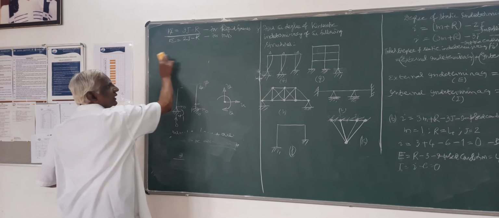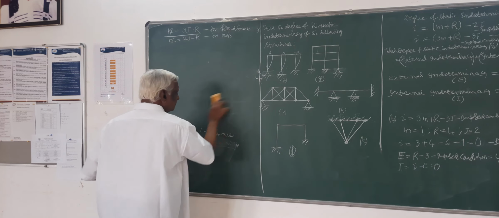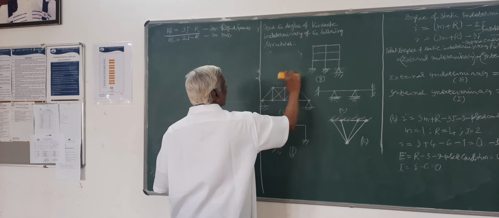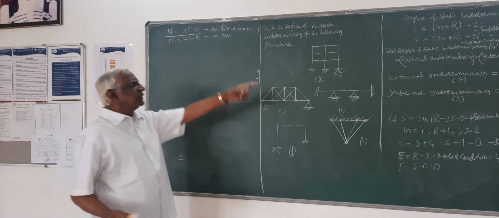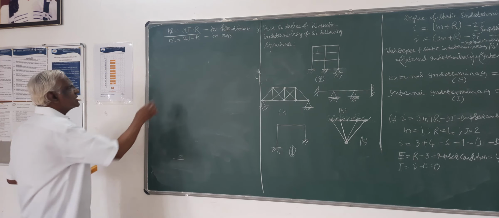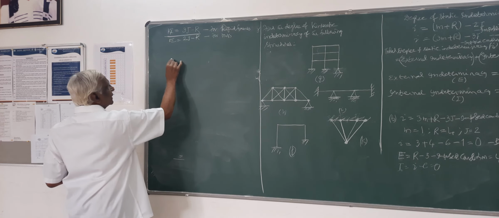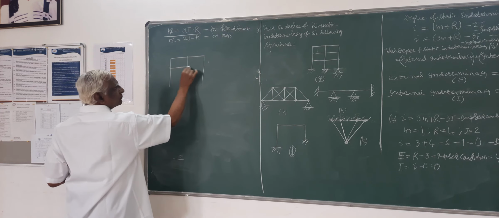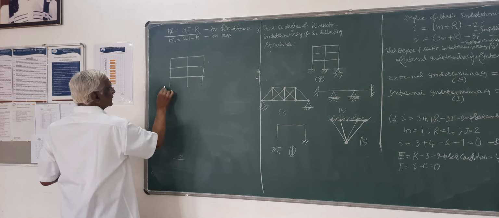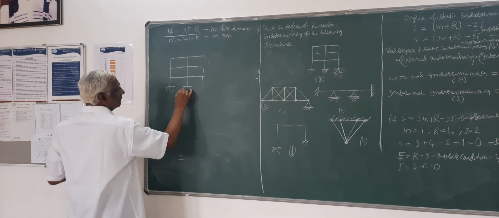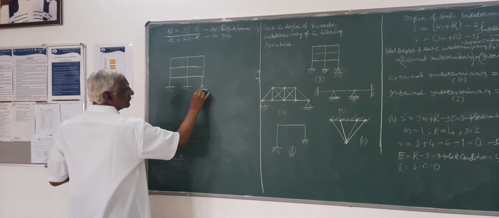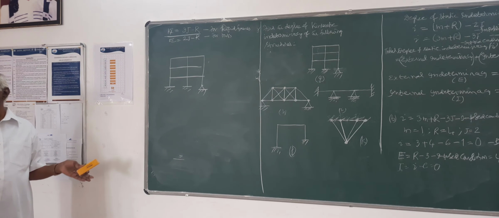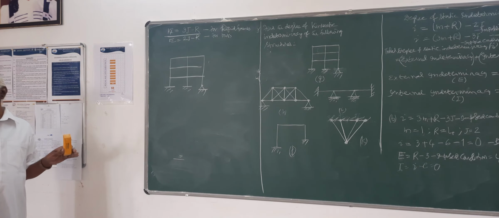Then if you take the next problem, G, on similar lines, the moment you did F, G also goes on similar lines. Here, this is the frame we are having. So this is the frame. If it is not axially rigid, it is just a general frame.